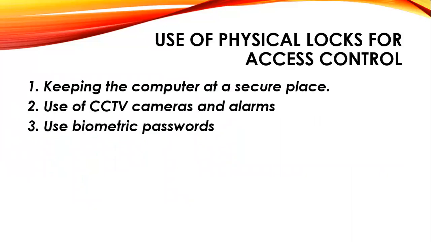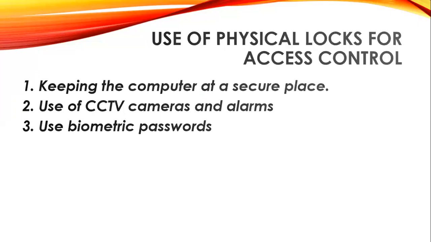Right? And here you have to keep the computer in a secure place, with a physical lock. So when you think about physical security, we have to think about the use of CCTV cameras and biometric passwords. Nowadays, most of the time you can see in your phones or some important devices, they have these biometric passwords. You have fingerprint scanning, you have retina scanning, and face recognition systems.